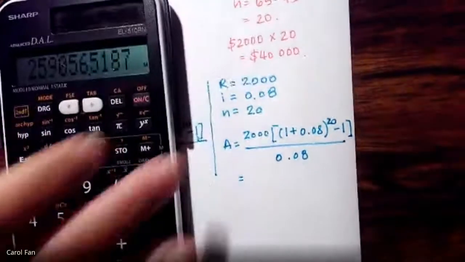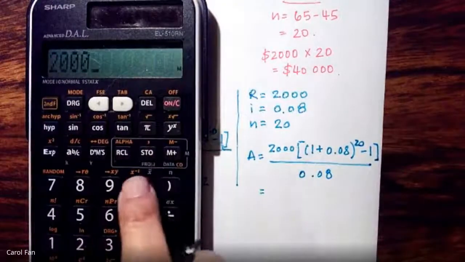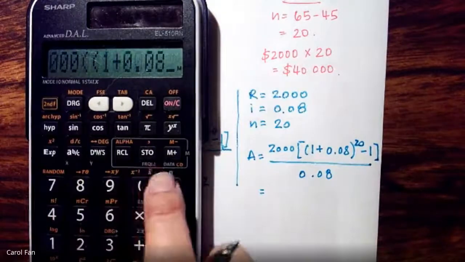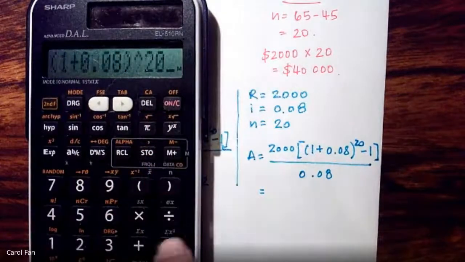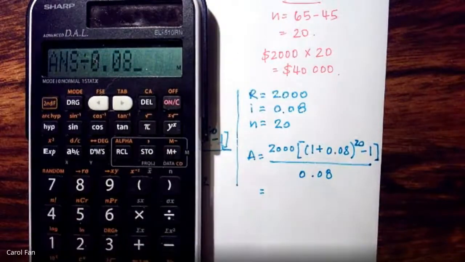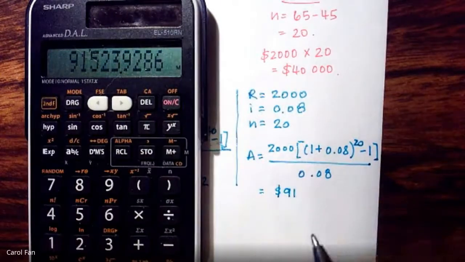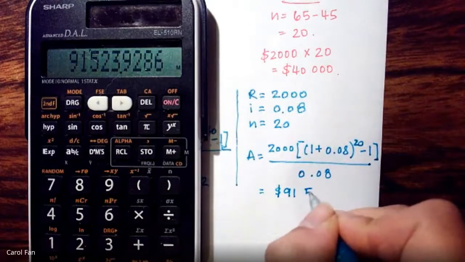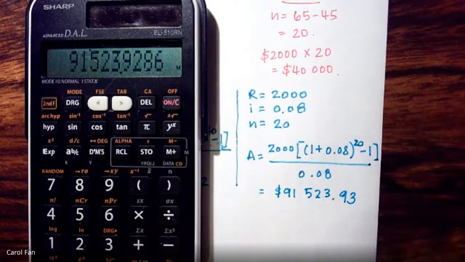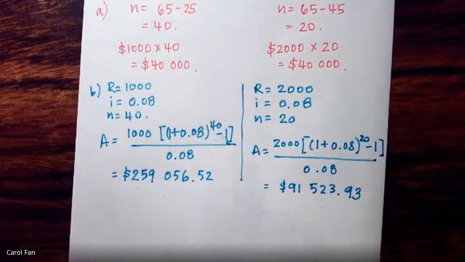Let's throw this into our calculator. And Marin only has $91,230 and 93 cents.